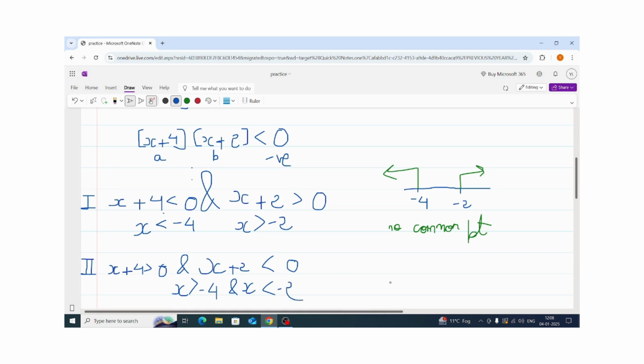Alright, again we'll plot this on the number line and we'll see what comes up. Here is minus 4 and here we have minus 2.